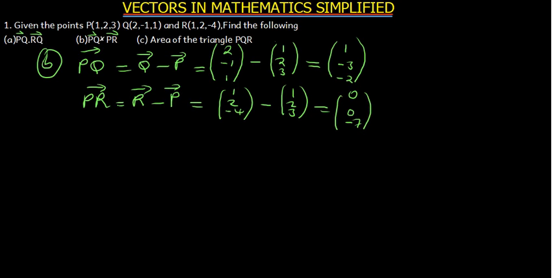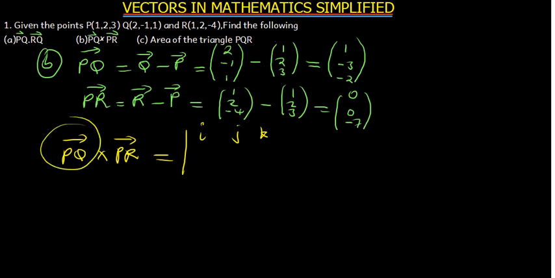Now, this is a cross product. We can see there is a cross there. This is a dot product, and these mean different things. So for a cross product, PQ multiplied by PR, we are going to make a matrix. So here we're going to put i, j, k, and we first get the first one, which is PQ.